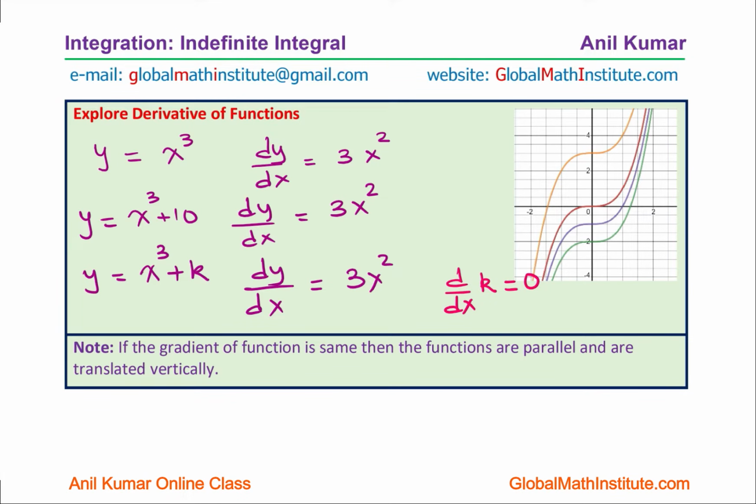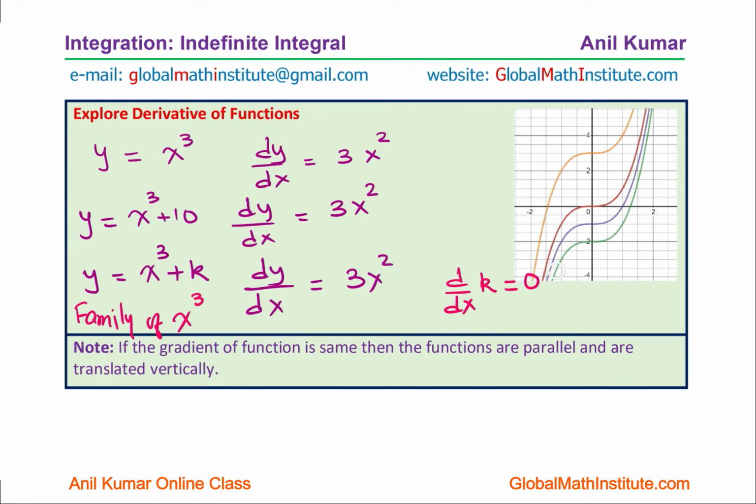Correct? Now, what does that mean? That means that all these functions form a family of cubic functions, right? So this is the family of cubic function. Let's write x cubed, right? So a family of cubic function which is translated up or down based on the value of k has the same derivative, right?